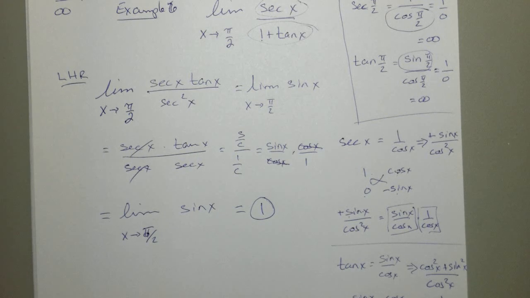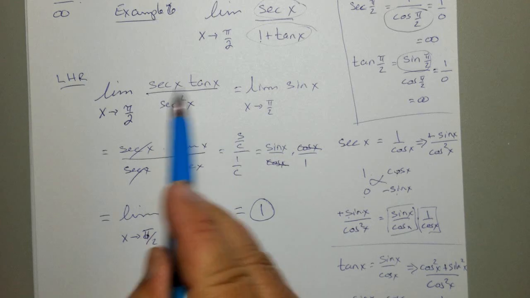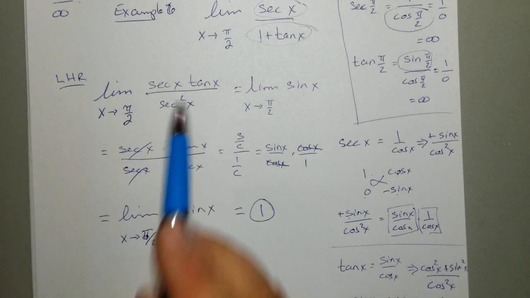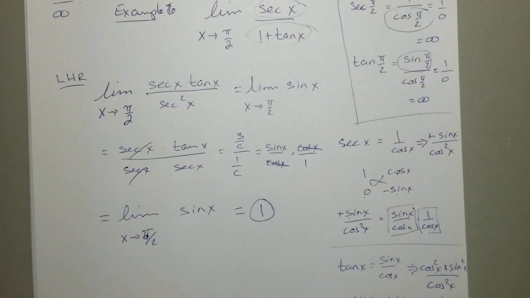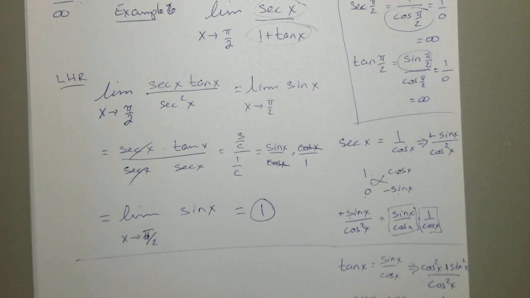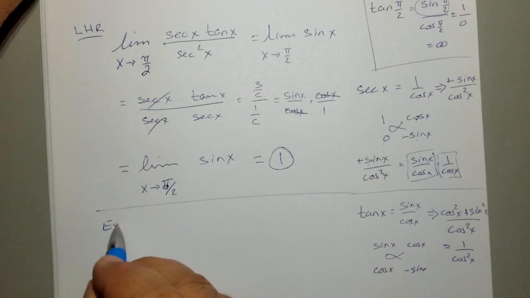So the limit is 1. The reason I tried to look at an algebraic shortcut is because I didn't want to do that. That seemed like too much work. So let's see if there's a shortcut. Let's look at another one.